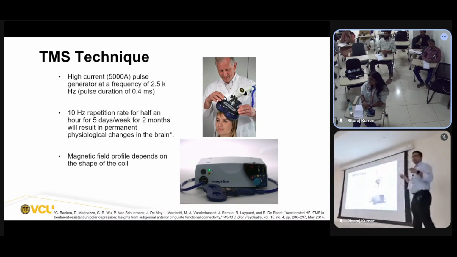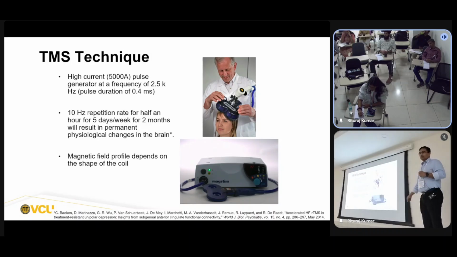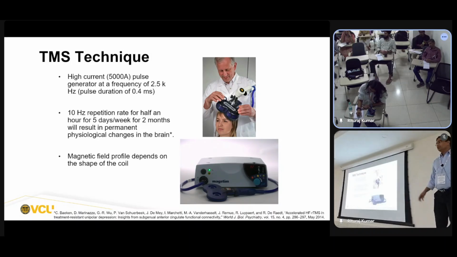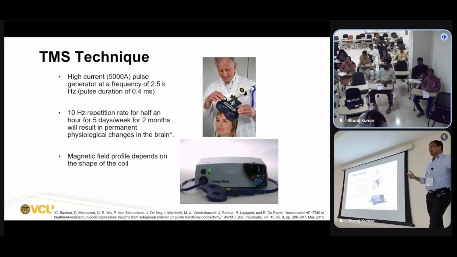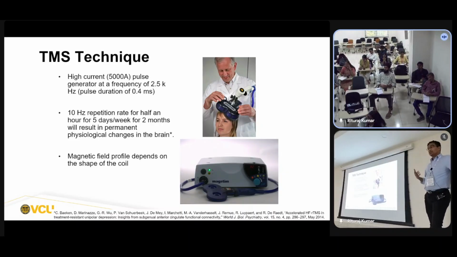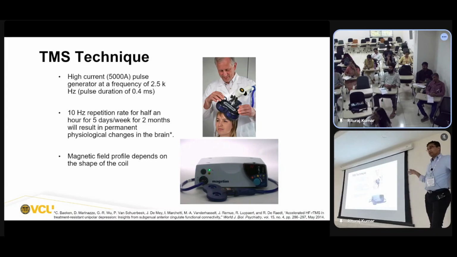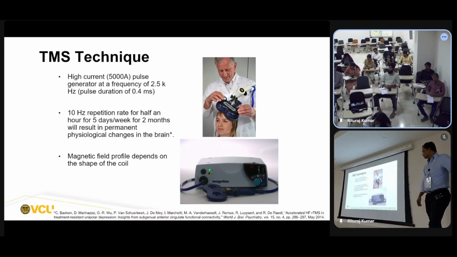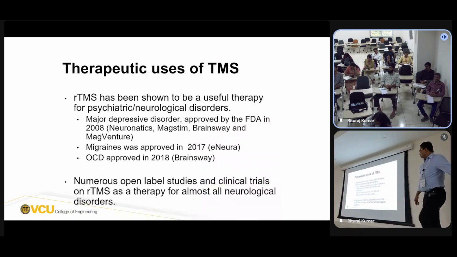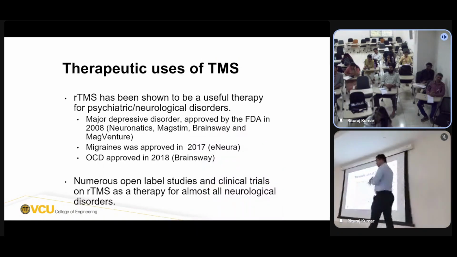But other than that, no other side effects reported. Well, if somebody has a history of seizures, you can induce a seizure in that person. When you do it, not just any stimulation parameter, but prolonged stimulation with high intensity, you can induce it.